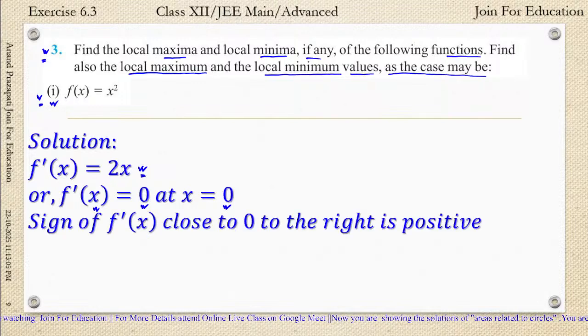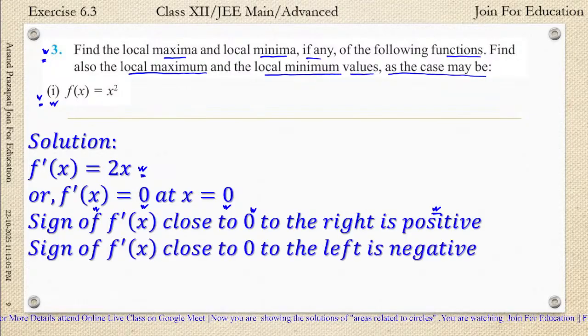Sign of f dash x close to 0 to the right is positive. Sign of f dash x close to 0 to the left is negative.